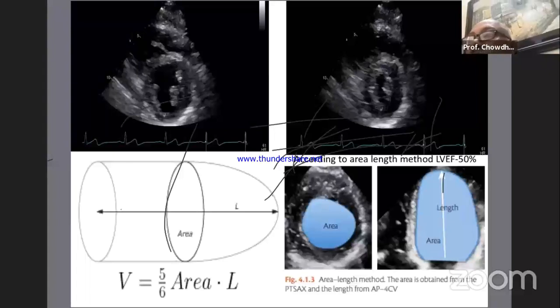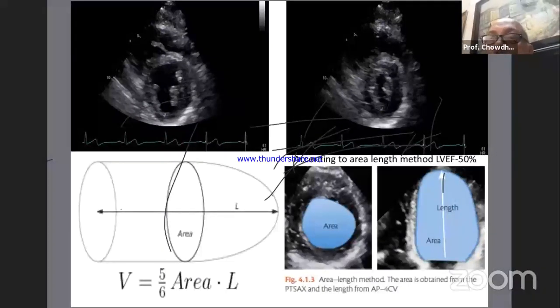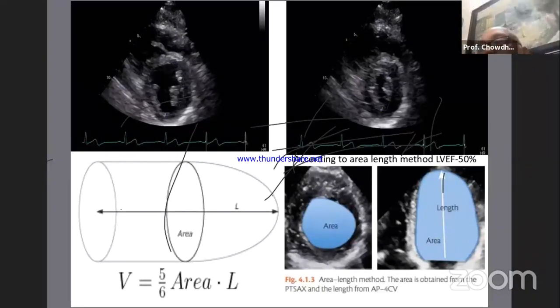So assuming the patient is having a normal left ventricular function, we can measure the cross-sectional area during diastole and systole, and again the left ventricular dimension in length in the longitudinal axis during systole and diastole.